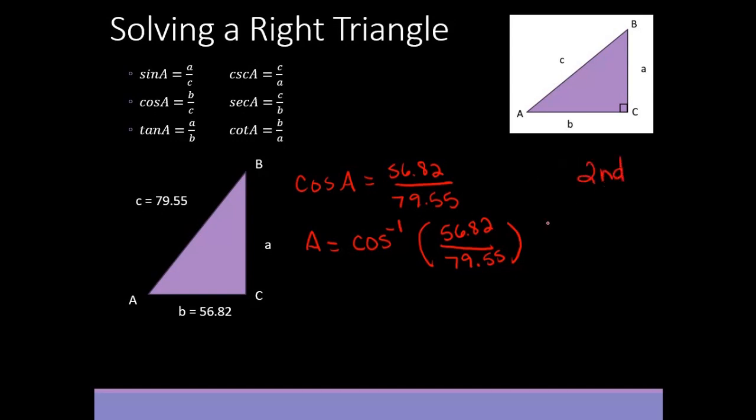It's up at the top left of your calculator. You press that button and then the cosine button, and then you put in these two numbers. You put in the first number divided by the next number, and then close your parentheses and press enter. And what that does is it figures out the angle for which this is the cosine. That's how that works. The angle whose cosine is this value.